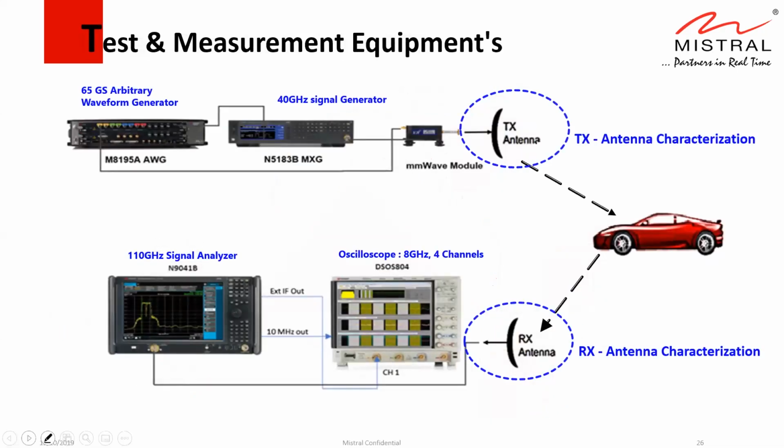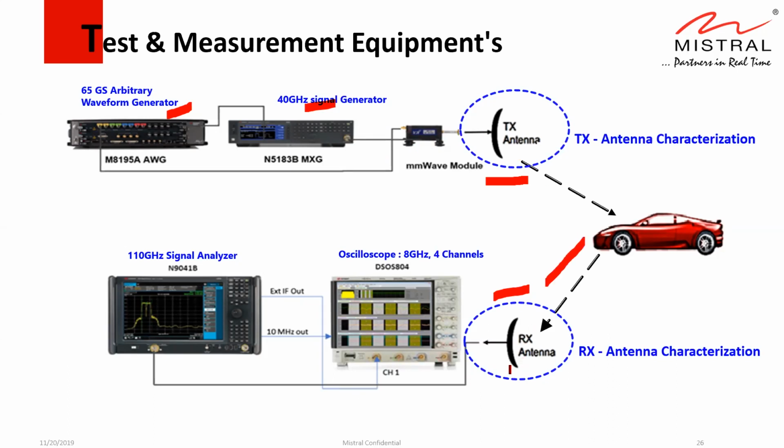Let's touch upon the test equipment and measurements a little. Suppose you want to characterize your transmit antenna and design your receive antennas. You design your transmit antenna, and you can use lab equipment like an arbitrary waveform generator and a signal generator, so that you can feed the high frequency inputs to the antenna and get the reflected pulse.